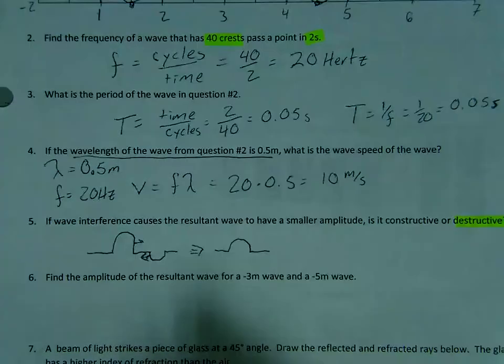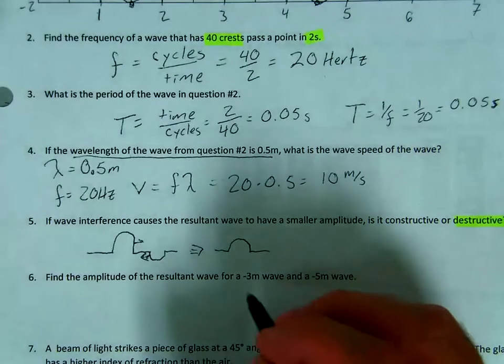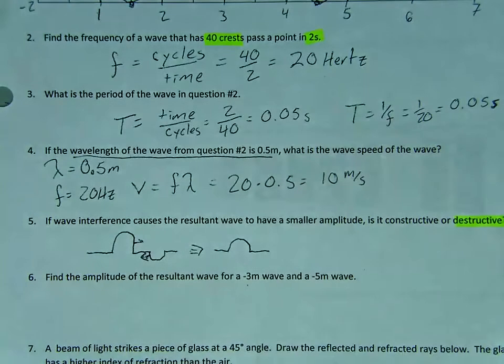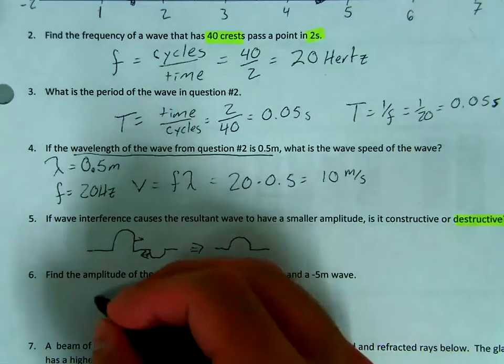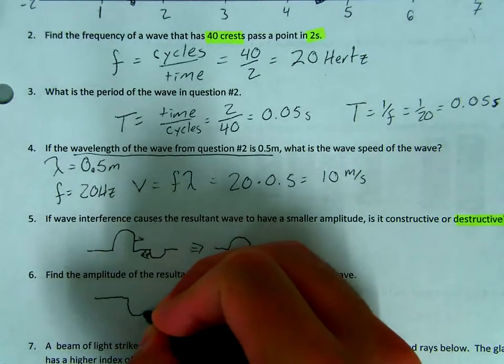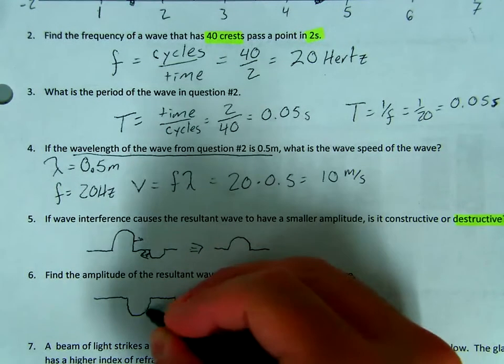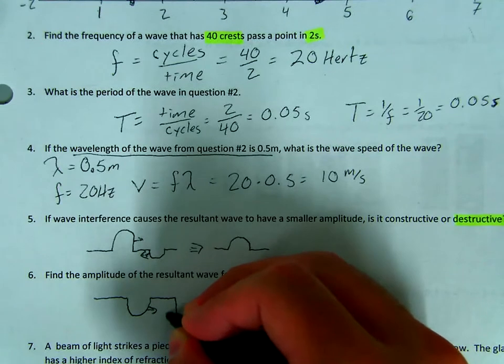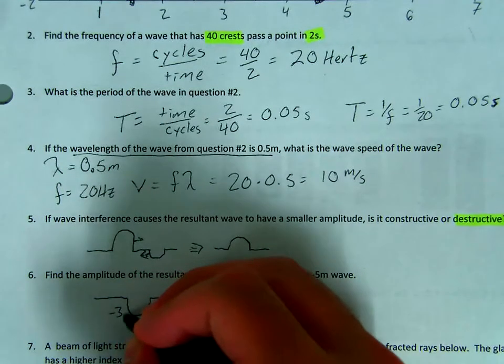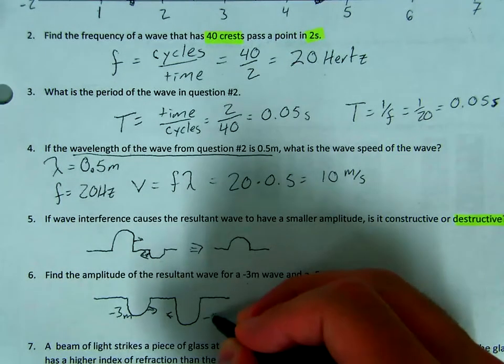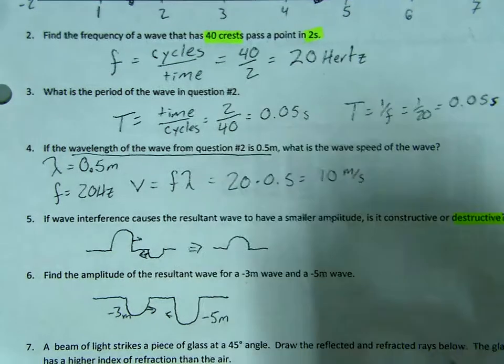Okay, find the amplitude of the resultant wave for a -3 meter wave and a -5 meter wave. So we've got a -3 meter wave and a -5 meter wave, and they're coming at each other. Now, since these are both negatives, this is going to be constructive interference.